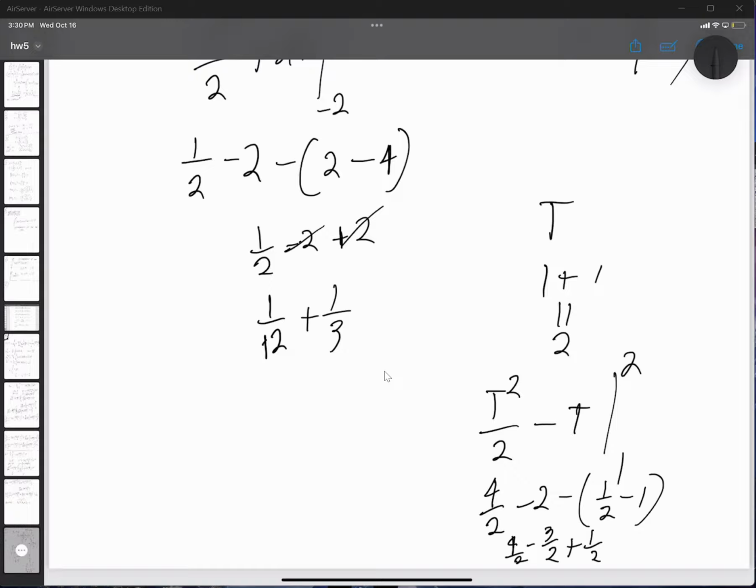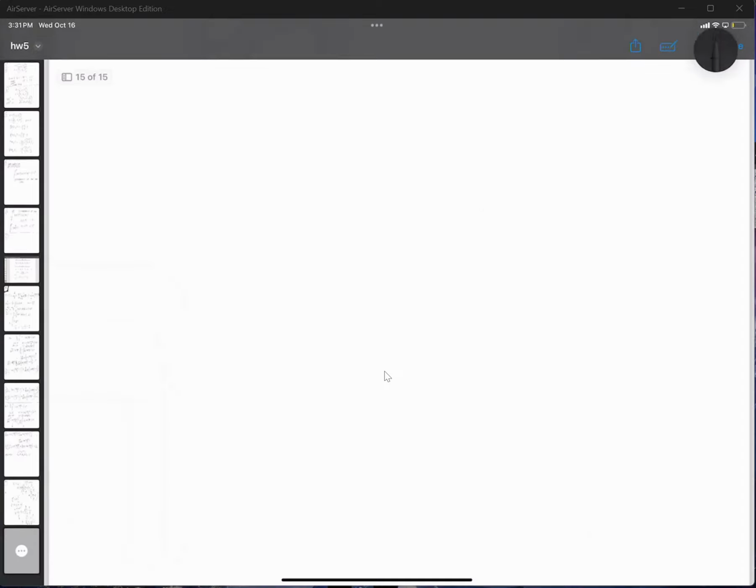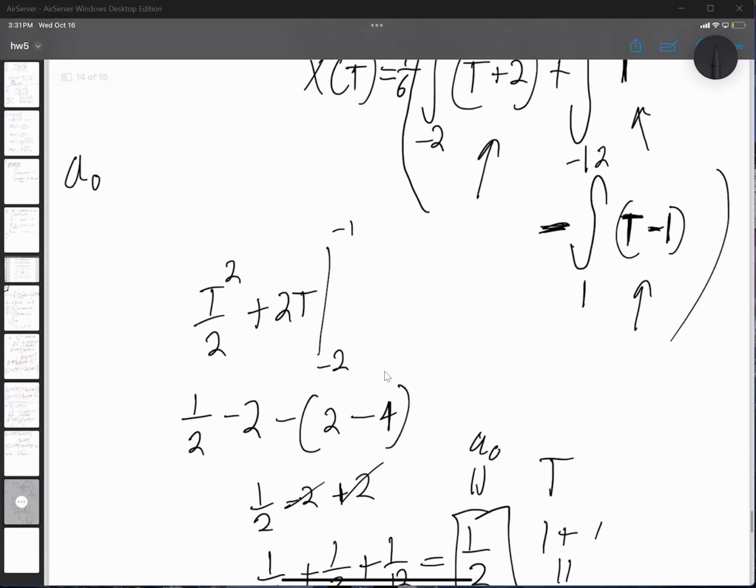We'll get 1 half times 1/6 is 1/12. I don't even know if my math is right. Hopefully it is. This can be 4 over 12. So we'll get 1 half in total as our a0. Okay, not bad. Now we need to, oh my, integrate 3 different portions.